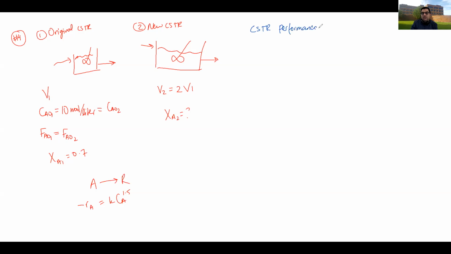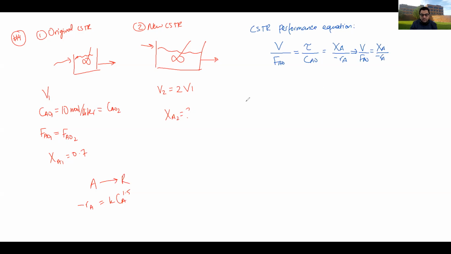The CSTR performance equation we said is V over FA0 is equal to tau over CA0 is equal to XA over minus rA. So the equation I'm using really is V over FA0 is equal to XA over minus rA.